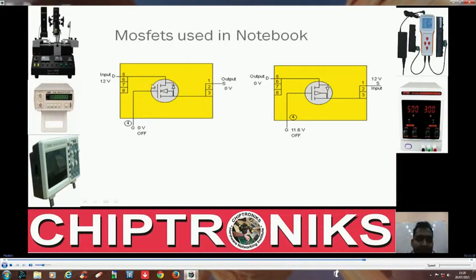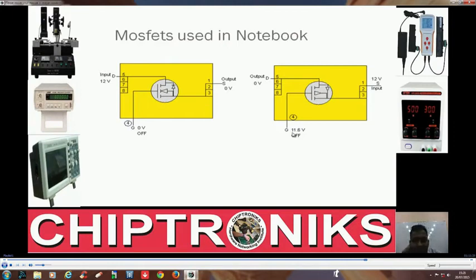And we are talking about how we identify which one is an N-channel MOSFET and which one is a P-channel MOSFET. In an N-channel MOSFET, this arrow is inside, alright? Whereas in a P-channel MOSFET, this arrow will be outside.